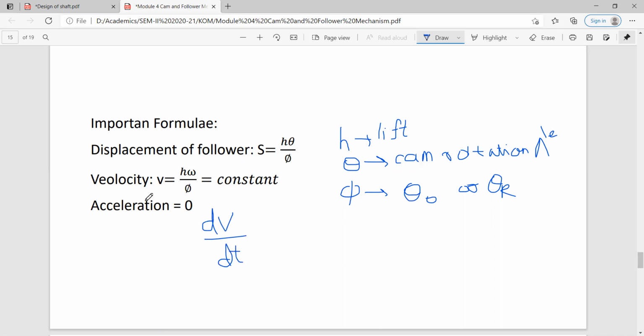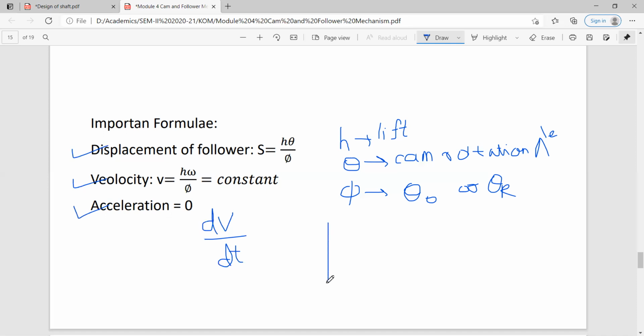Velocity is constant, so acceleration will be zero. So you know the velocity and the acceleration. As you have drawn the displacement diagram, you can also draw the velocity diagram and the acceleration diagram.